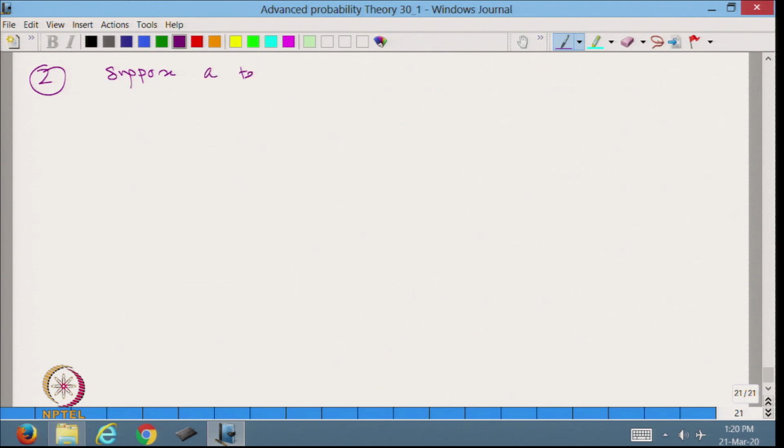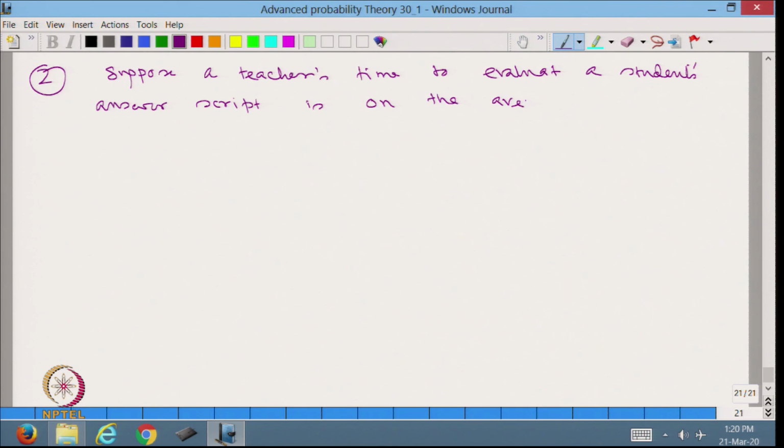Problem number 2, suppose the time a teacher takes to evaluate a student's answer script is on the average 1 hour with a variance of 0.26 hours.